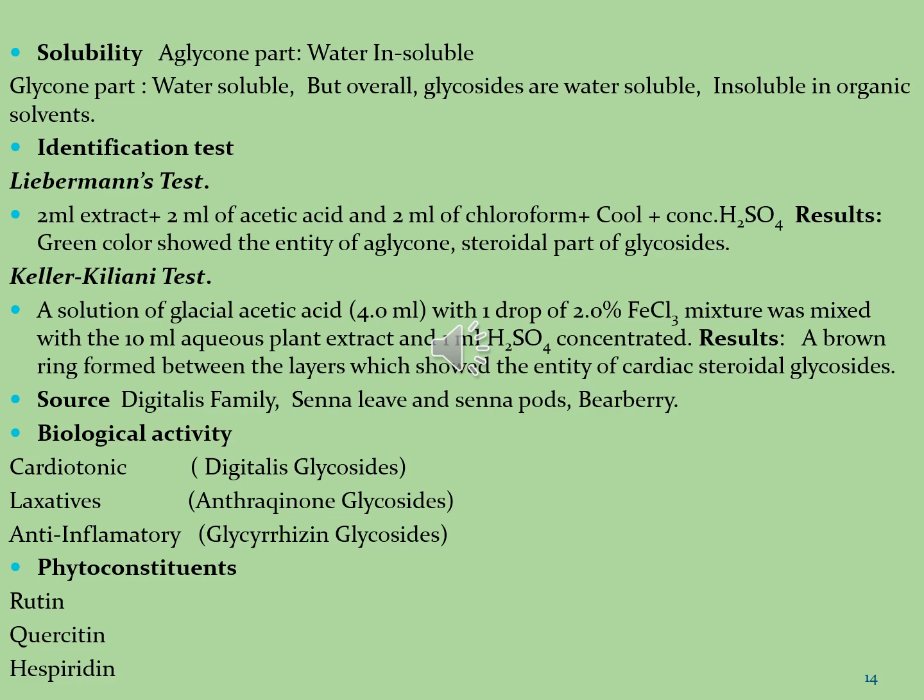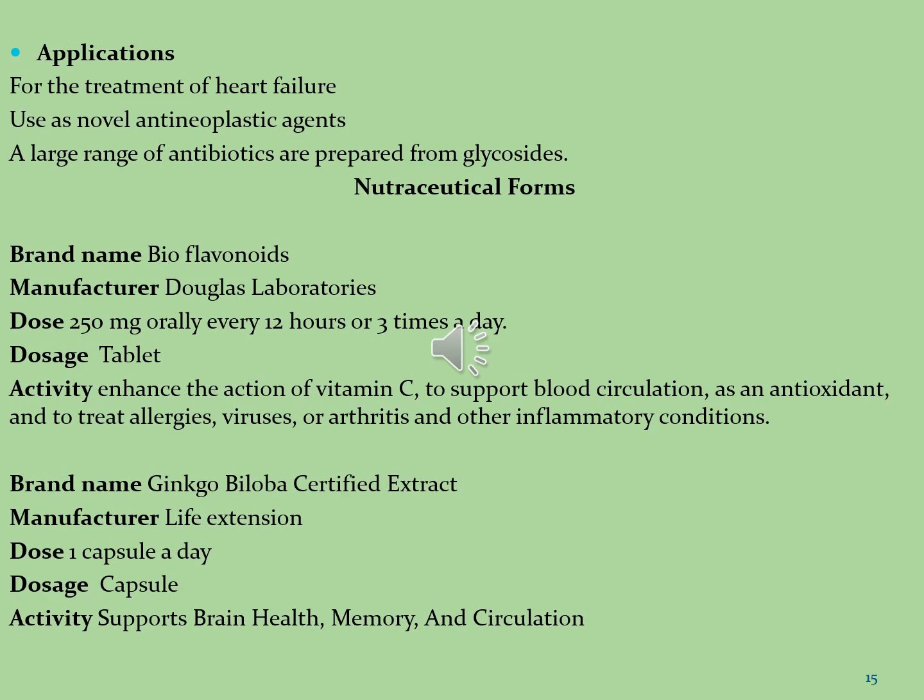Many other phytoconstituents are also present within the glycosides, such as rutin, quercetin and hesperidin. Glycosides are also used for the treatment of heart failure, as well as novel anti-neoplastic agents. A large range of antibiotics are prepared from glycosides.